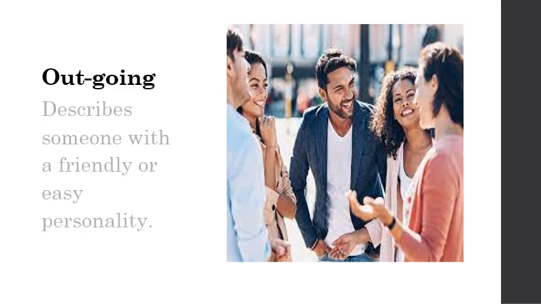An outgoing person describes someone with a friendly or easy personality. Are you friendly? If you're friendly, then you are a happy person. You are cheerful as well, because you want to socialize with others and get along with them.